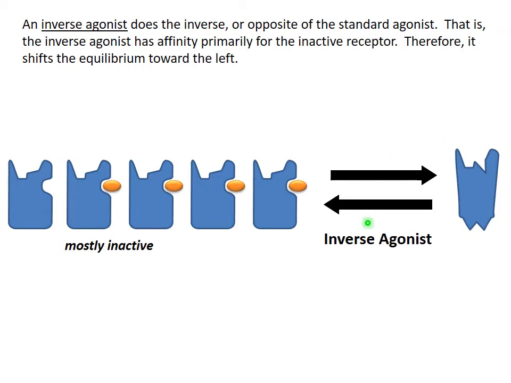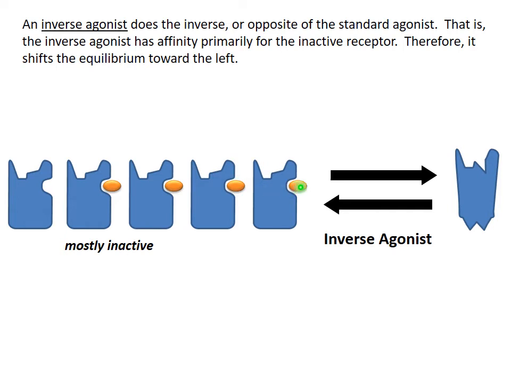So the inverse agonist, by definition, only has affinity for this inactive conformation, right? And that means the inactive conformation must have some binding pocket that's different. Something about it must be different from the active conformation that'll give it affinity for the inverse agonist.